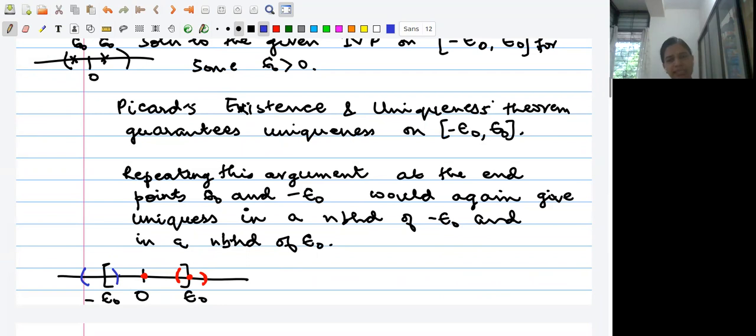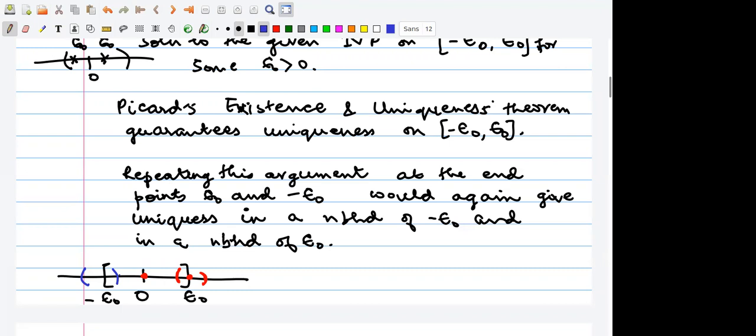So now you can stretch the interval of validity to a larger subinterval. You can play this game until you hit -1 to 1, but you cannot go beyond that, because the partial derivative of f with respect to the y variable is not defined at the endpoints 1 and -1. Does that answer your question?